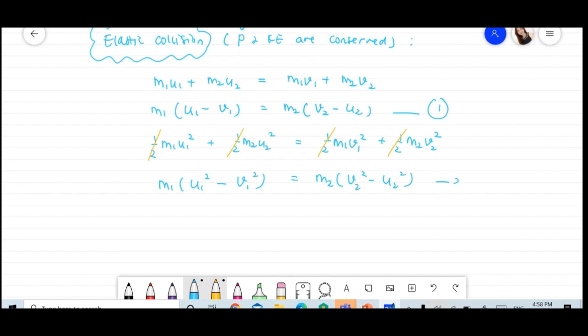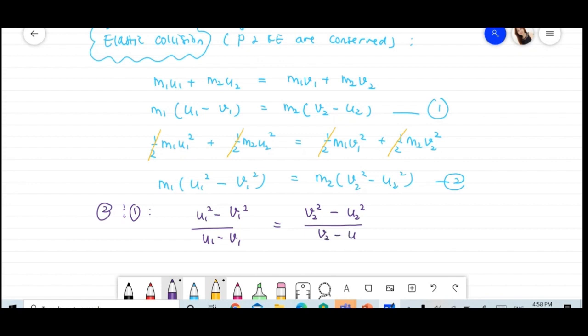This is my second equation. I'm trying to simplify it, so I use equation 2 divided by equation 1. When I divide, m1 and m2 cancel off. So I have (u1 squared minus v1 squared) divided by (u1 minus v1) equal to (v2 squared minus u2 squared) over (v2 minus u2).